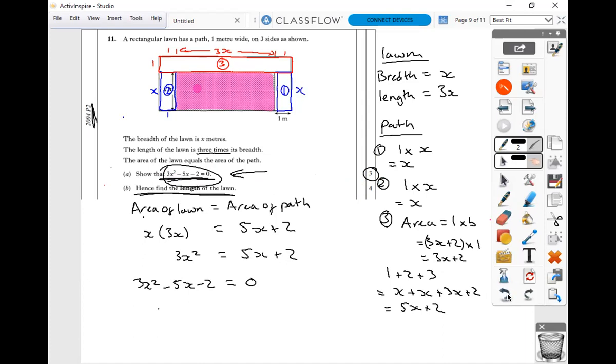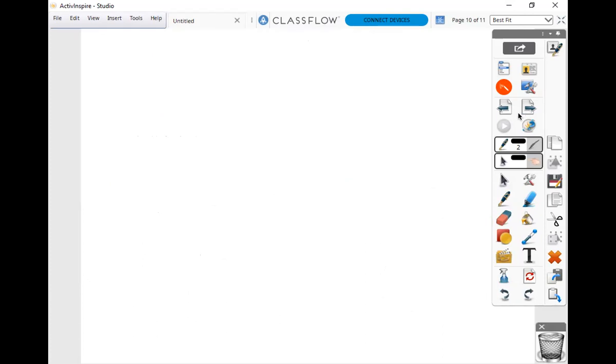Okay. 3x squared minus 5x minus 2. Hence find the length of the lawn. Okay, so part B, 3x squared minus 5x minus 2 equals 0. Okay, the numbers aren't too bad.